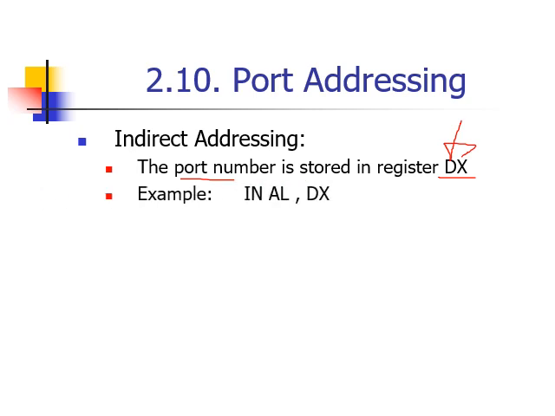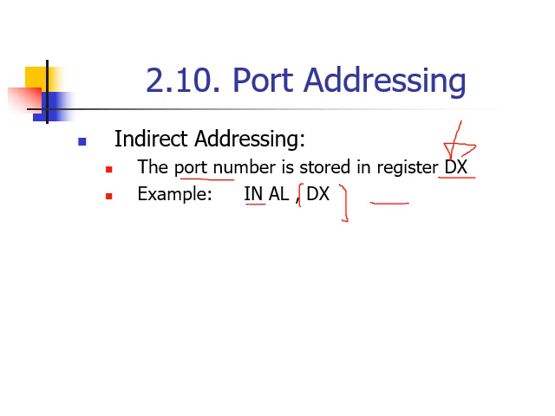Okay, for example here, we don't have any square brackets because even the number inside DX represents an address. You don't include DX within square brackets because it is only used with the IN instruction.